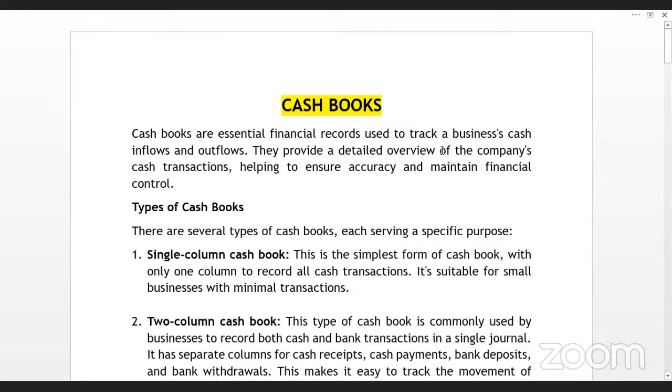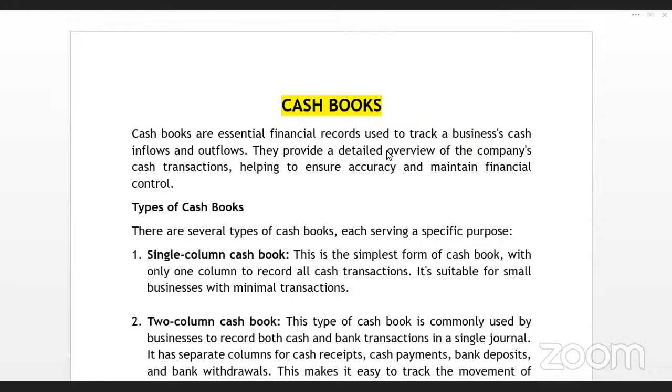Okay. So today we are looking at cash books. That is our topic for today.